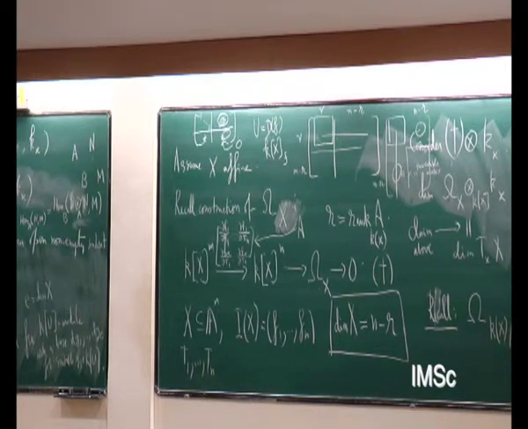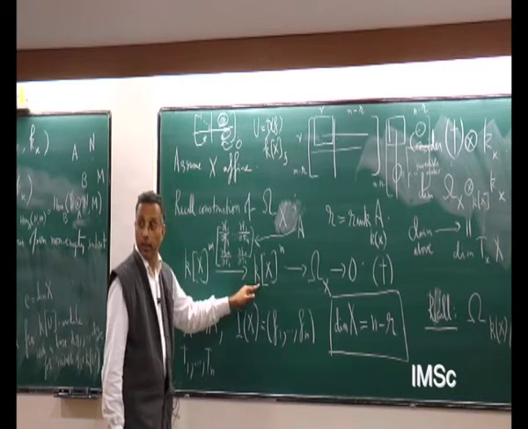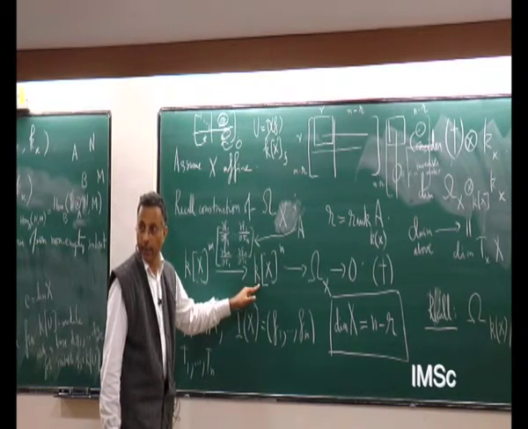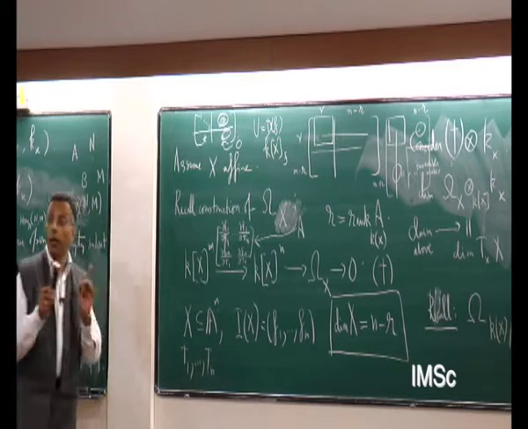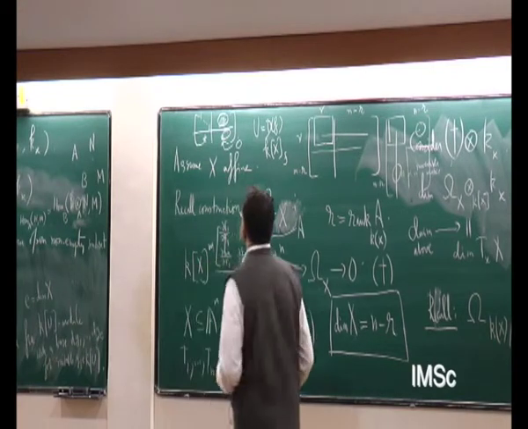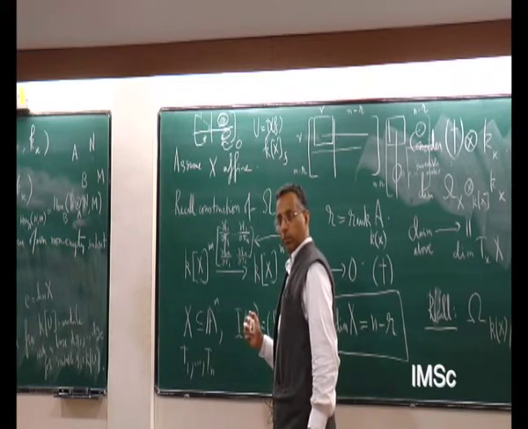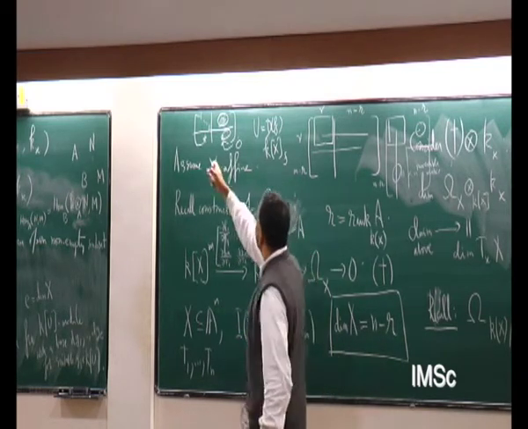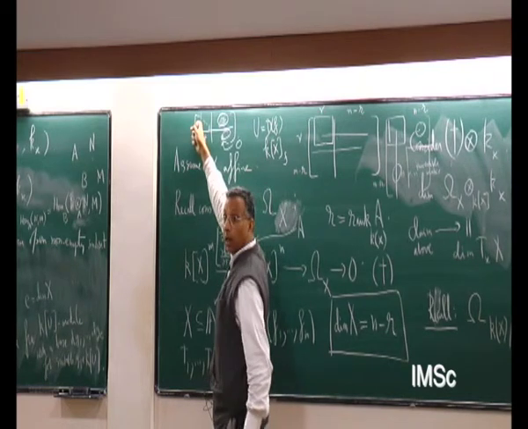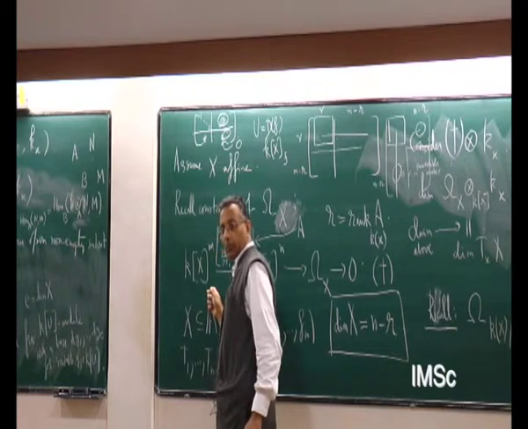The image, right? See, the point of this is that the image is generated after I localize at F. So all this is after I localize at F. The image is also a free module generated by the images of the first R of them, right?